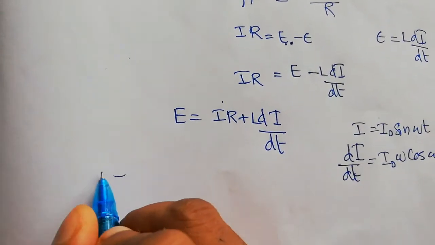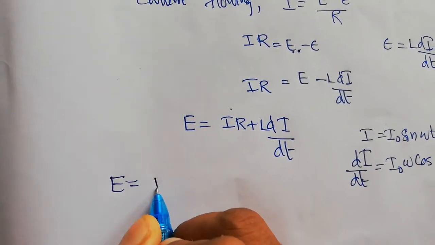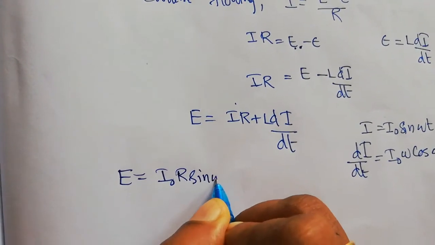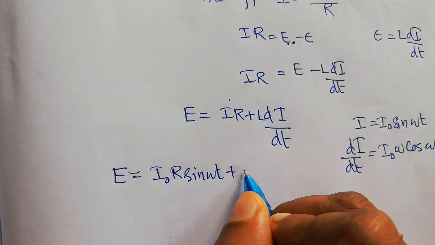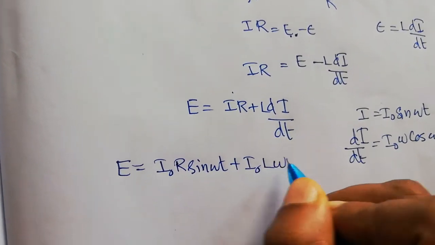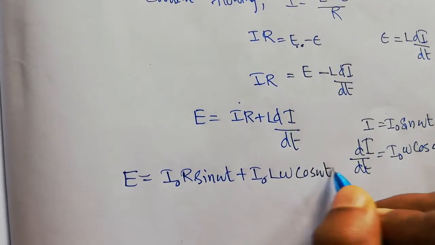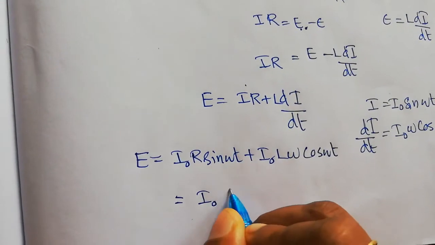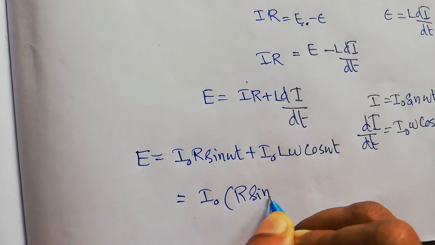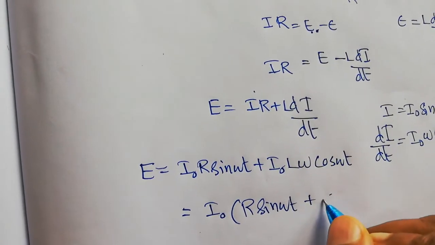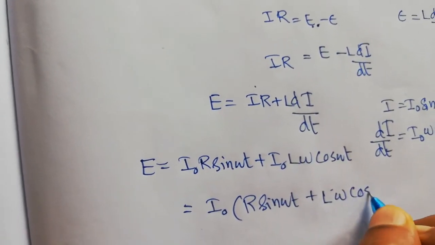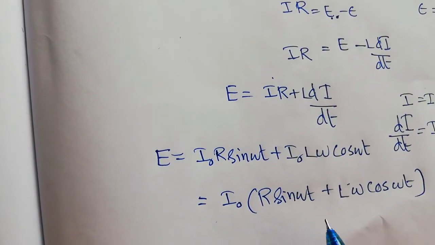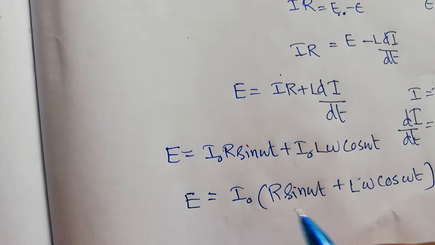So, we can substitute: E is equal to I0 R sin omega t plus I0 L omega cos omega t. That is, E is equal to I0 into R sin omega t plus L omega cos omega t. That is the net EMF that we got.